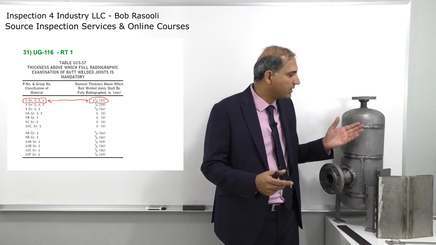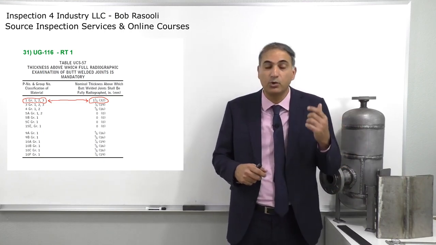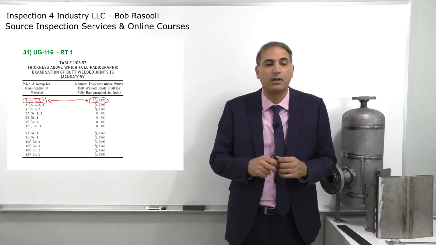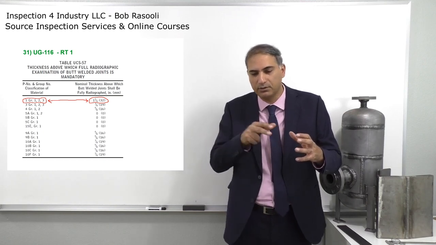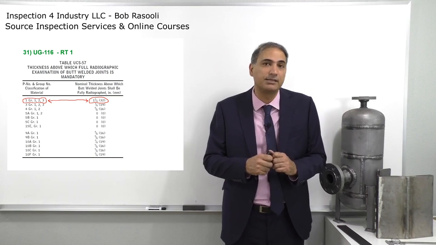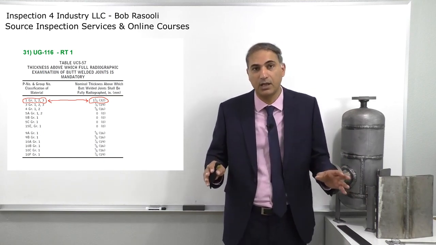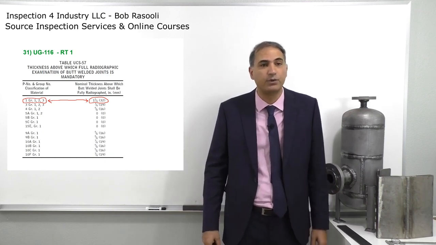For P number 1, there are group numbers 1, 2 and 3, so they group them and then subgroup them. For all of them, if the thickness is less than 1 1/4 inch, full radiography isn't required. But if it is more than 1 1/4 inch, it is going to require the full radiography.